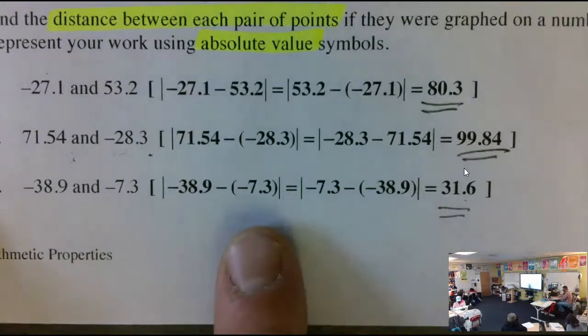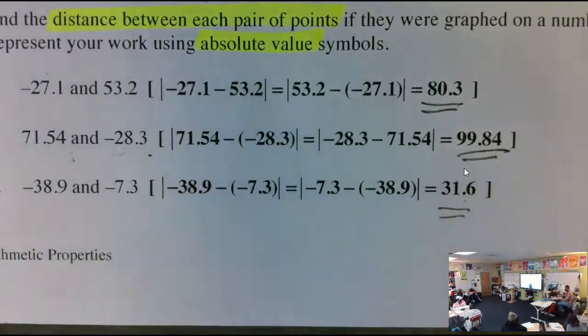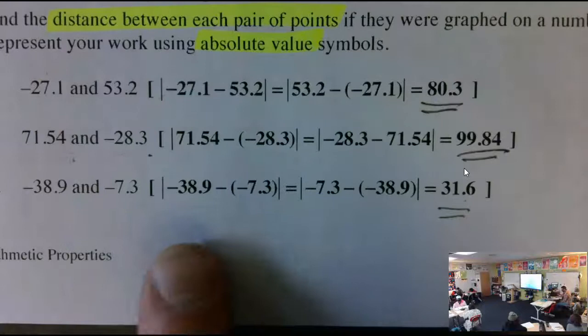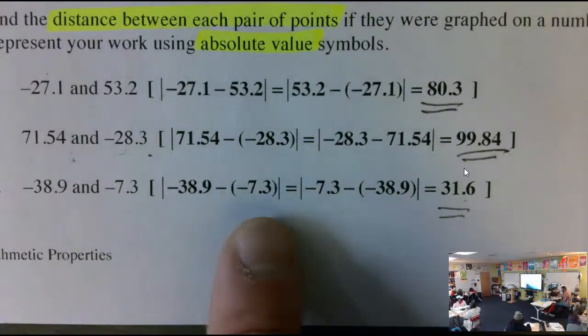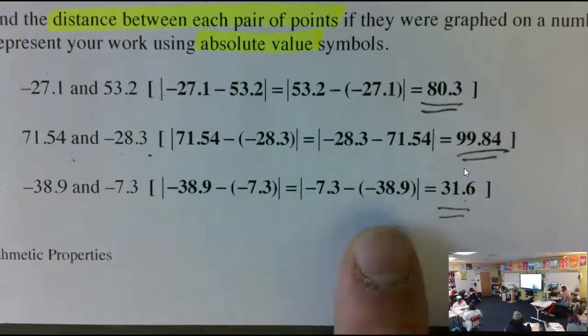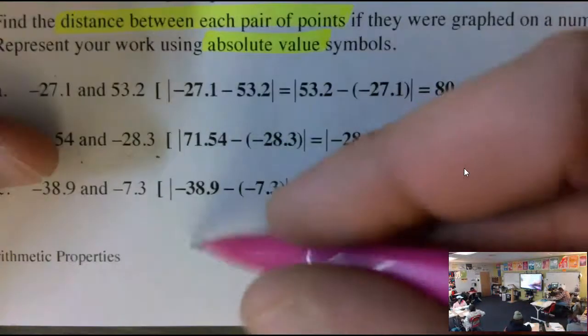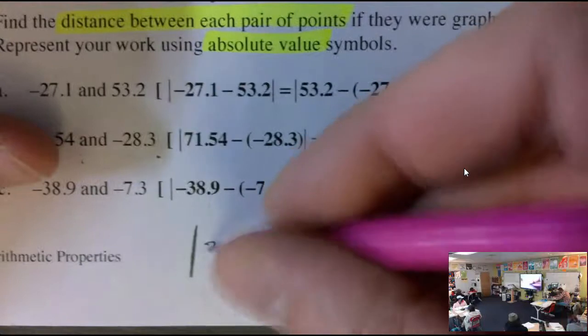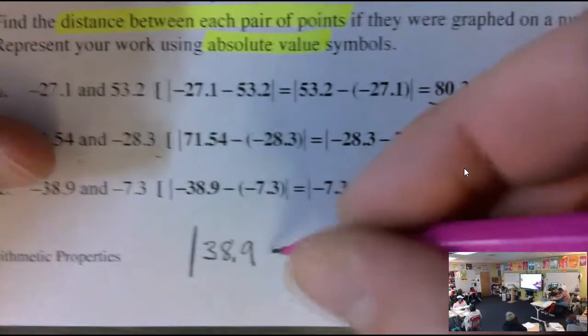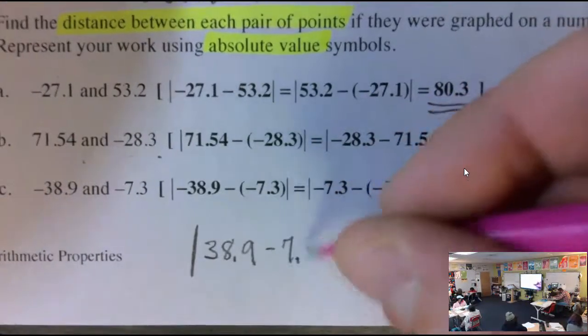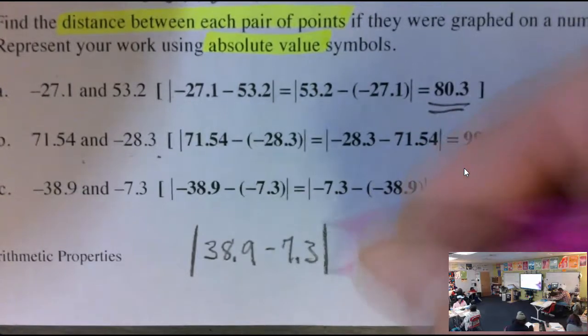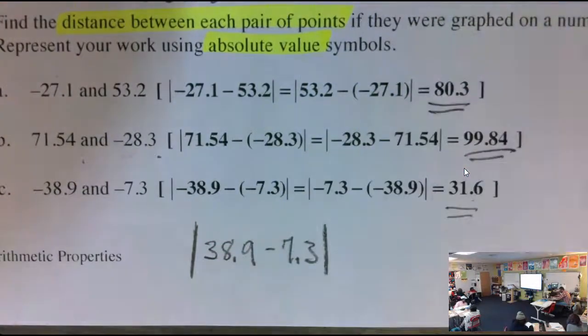If you need to copy this, you can, and of course I'm filming. You can always go back and pause the video. One number minus the other number. The tricky thing is they're both negative. So this is why I'm telling you we can treat it like they're both positive and do 38.9 minus 7.3. I know I said I wasn't going to do it for you, and now I'm doing it for you. And we can just do that subtraction. That will get us our answer.